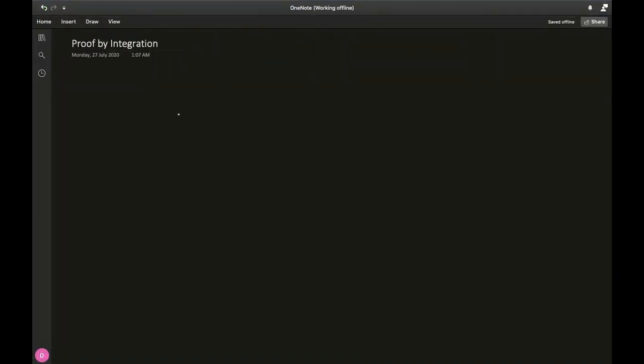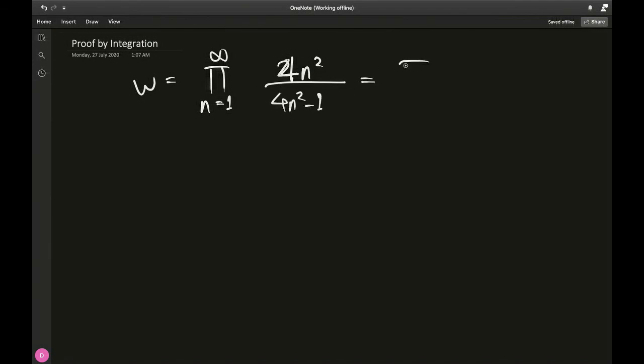Okay, now in the third method of proving what the Wallis product actually is, let me first just write the general expression for the Wallis product. It's really helpful for us right now. So, the product from n equals 1 to infinity of 4n squared divided by 4n squared minus 1, or if you want to put it the other way, 2n over 2n minus 1 times 2n over 2n plus 1.